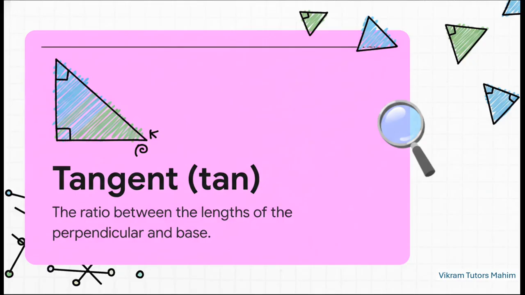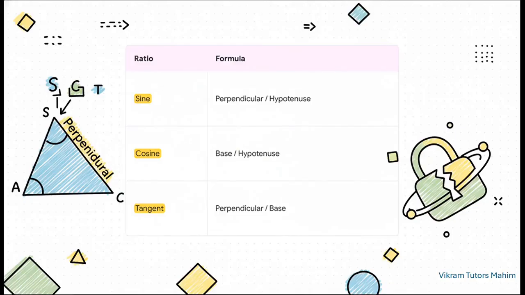And with these three, sine, cosine, and tangent, we now have the fundamental tools to solve a huge number of problems. So, here's a quick little cheat sheet, just to lock it all in. Sine, perpendicular over hypotenuse. Cosine, base over hypotenuse. And tangent, perpendicular over base. This table right here, this is the heart of our secret code.